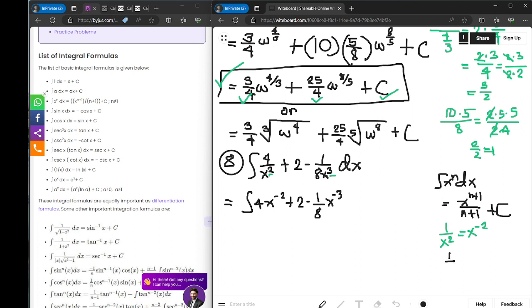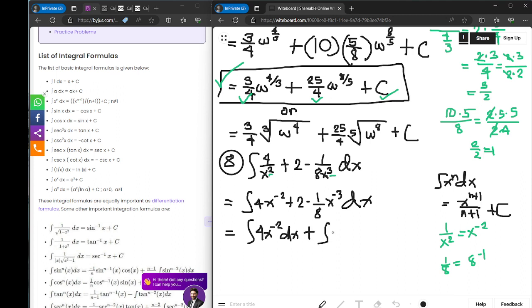We can actually rewrite 1 over 8 as 8 to the negative 1. But since we will integrate, all we need to do is move out 1 over 8. We don't need to integrate a constant value. So let's just write it as is. Then proceed now. So this will become integral of 4 x to the negative 2 dx. You shouldn't forget dx.